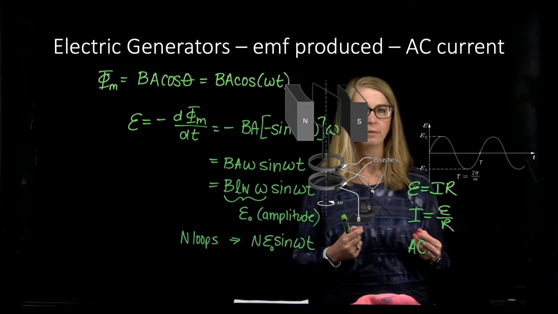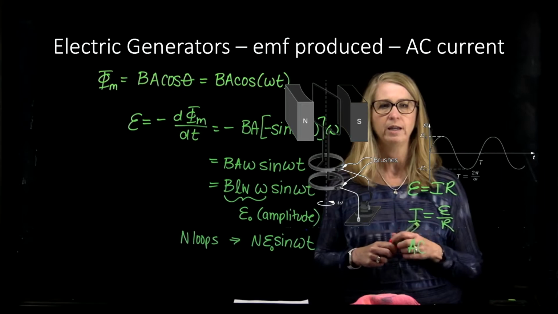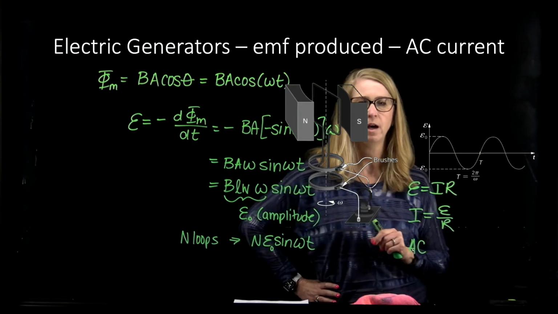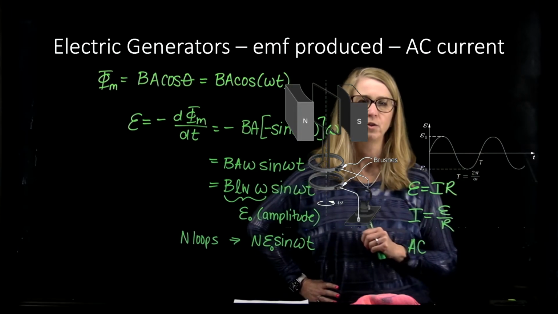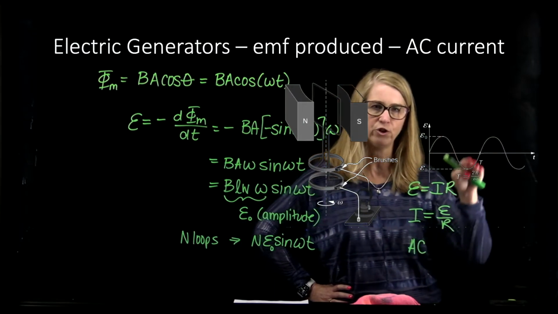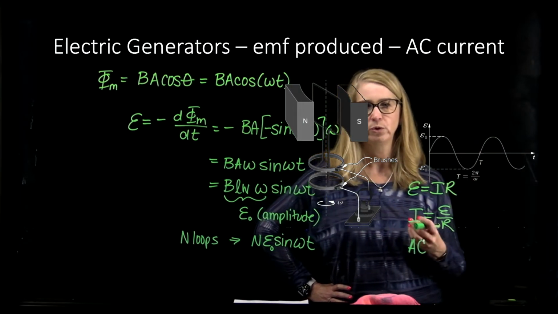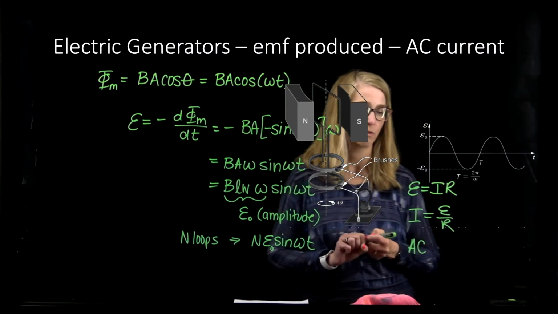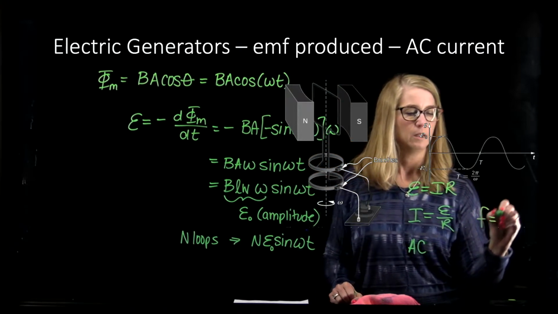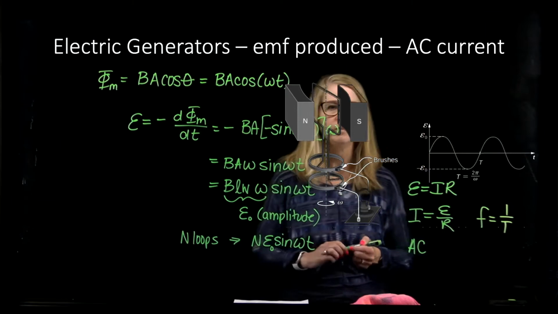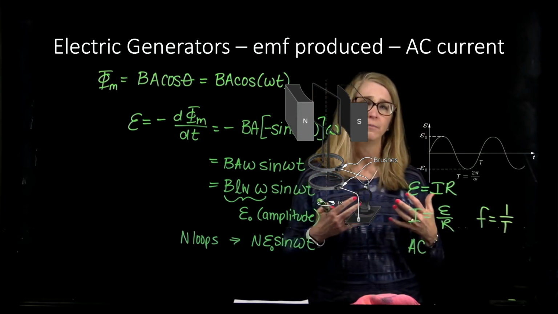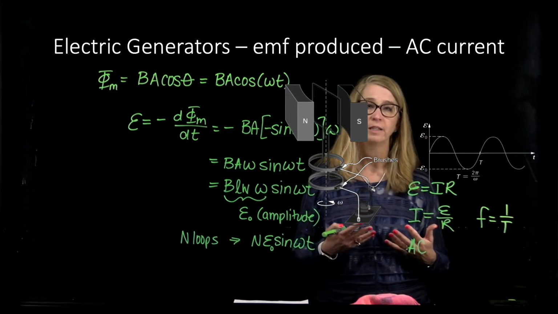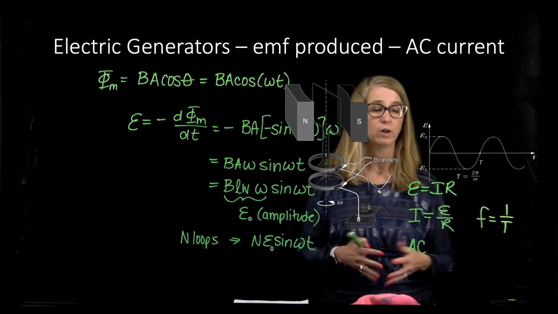Let's see, what else did I want to talk about? You can also see, of course, that this is a graph of the EMF versus time. One period would constitute going through one complete oscillation, and that would be equal to 2 pi over omega. The period, and therefore also the frequency, which is 1 over the period, is determined by how quickly that loop is rotating in the magnetic field, which we could have control over.